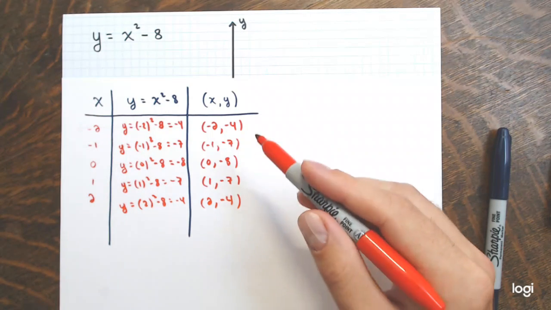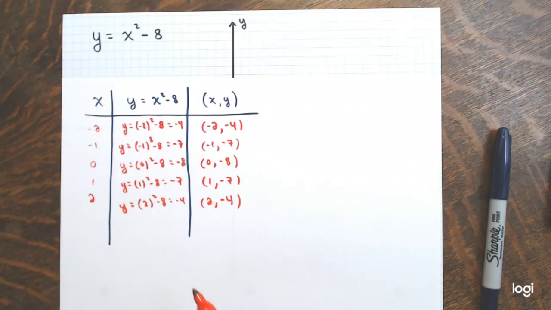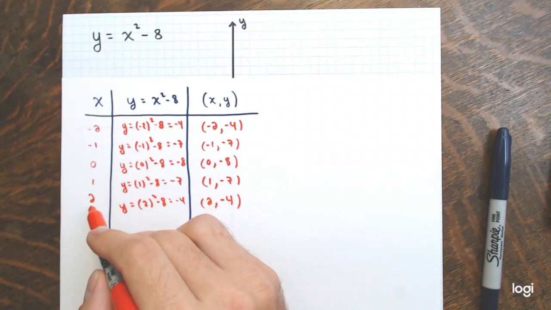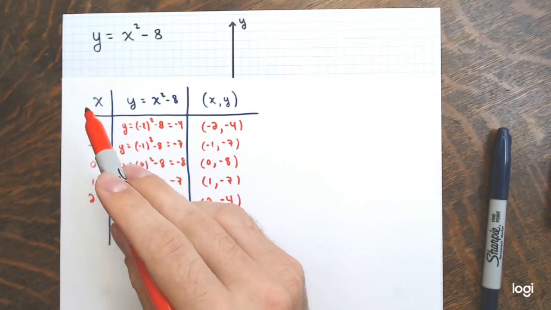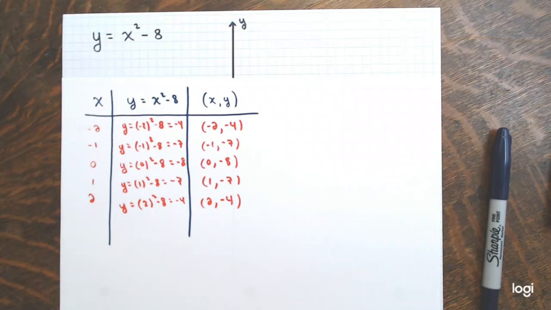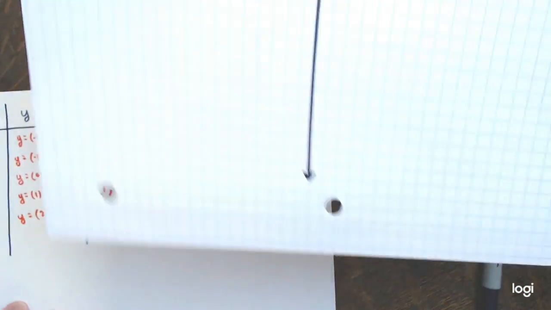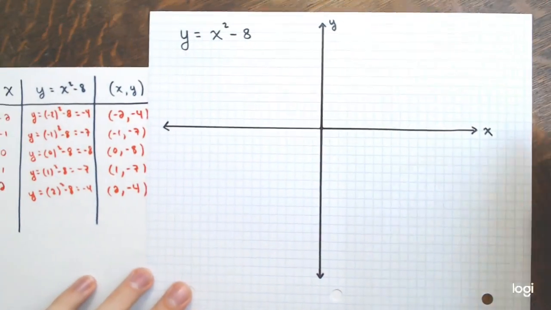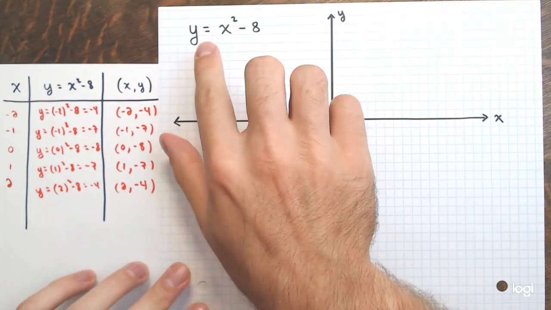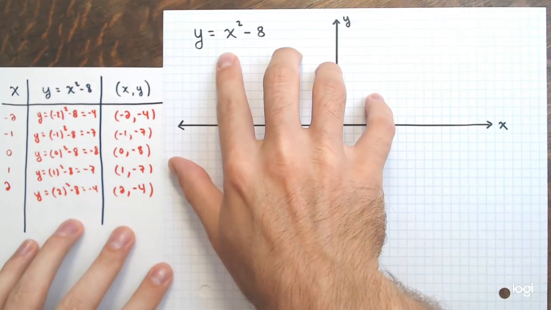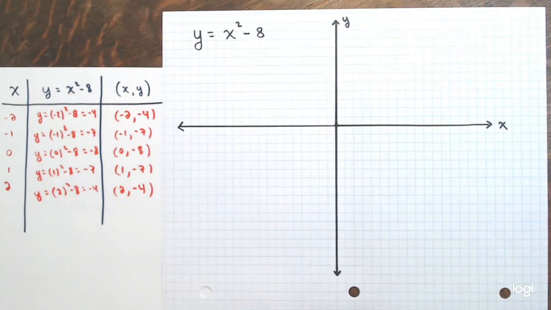Okay, so I'm going to plot these 5 points. And again, you can plug in whatever you want. You can plug in fractions, stuff between these, larger numbers, smaller numbers, whatever you want, and find other solutions. Okay, great. So here's my equation representing the relationship between two sets of numbers, x and y.